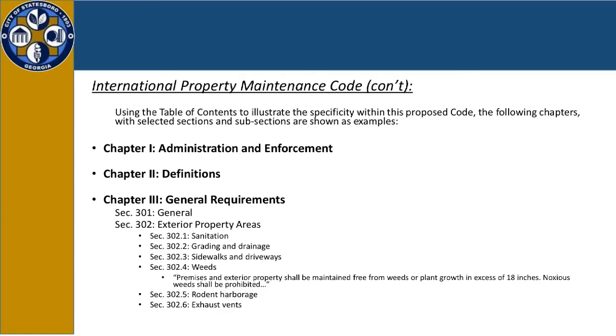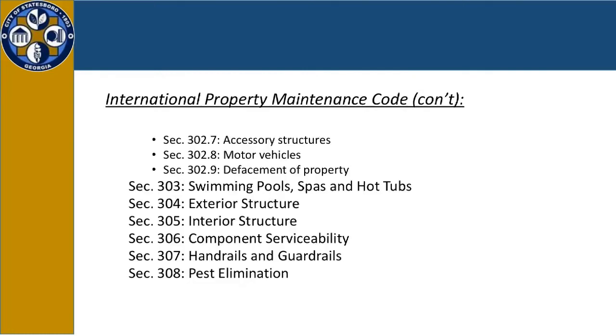Then we go to section 302, rodent harborage. Section 302.6 is exhaust vents. And then it goes on further in section 302 to accessory structures, motor vehicles, and defacement of property. So those are all sections under one main section entitled exterior property area.